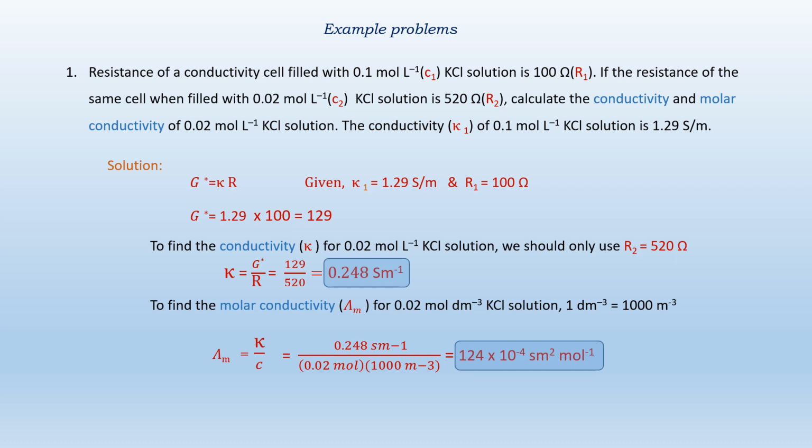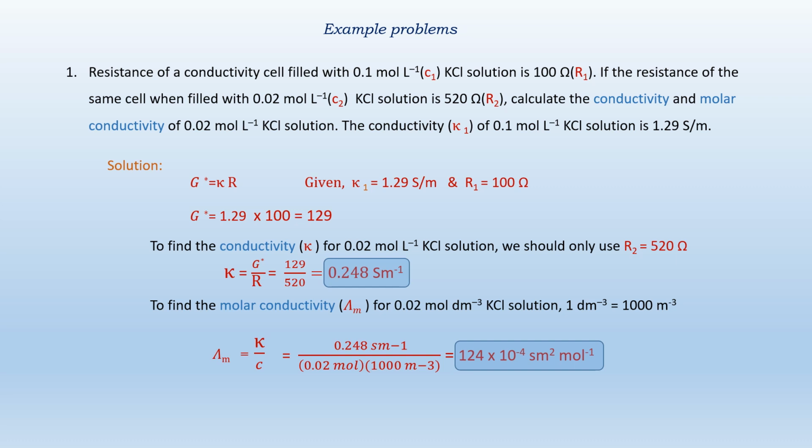But they are asking the conductivity and molar conductivity only for 0.02 molar KCl, not for 0.1 molar KCl. They have also given the conductivity for 0.1 molar KCl solution.